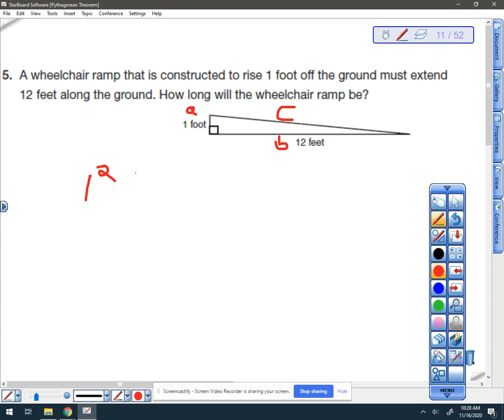So 1 squared plus 12 squared equals C squared. 1 times 1 is 1, plus 12 times 12 is 144, equals C squared. And remember, I'm writing with the mouse, so you got to cut me some slack. So 1 plus 144 gives you 145 equals C squared.